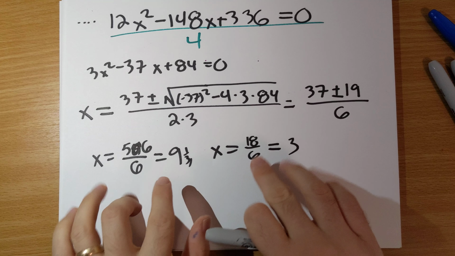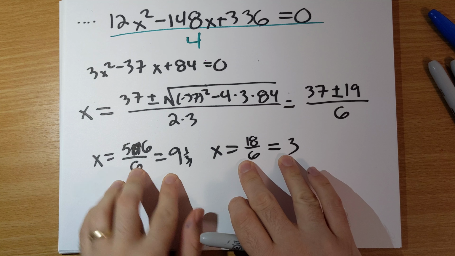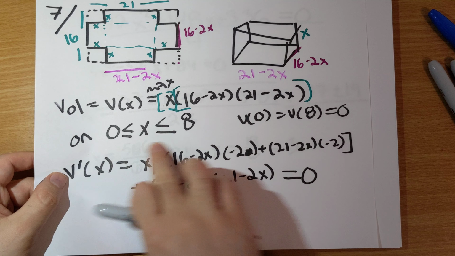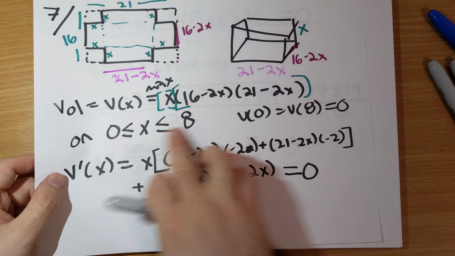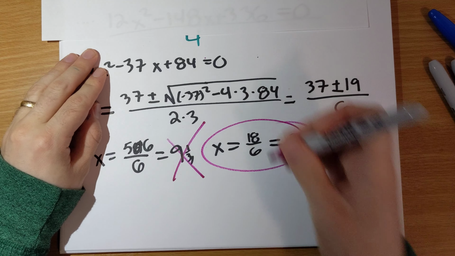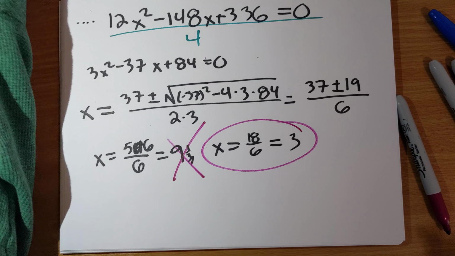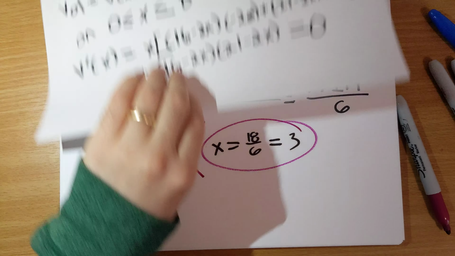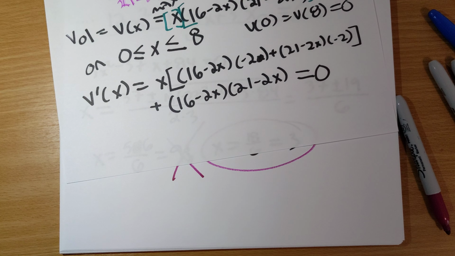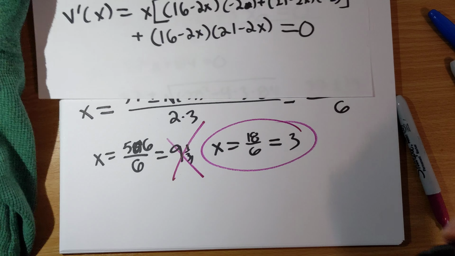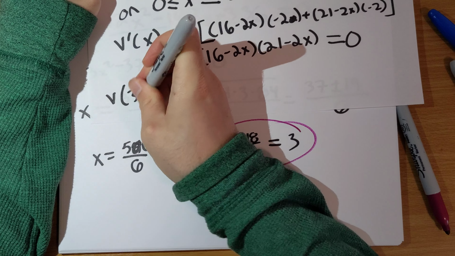Okay, so how do these play out around here? Well, 9 1/3, that's too big. That's outside of our interval that we care about. So let's cross this out. x equal to 3 is our only critical point here that falls in the 0 to 8 interval. Okay, so what is V of 3 equal to?